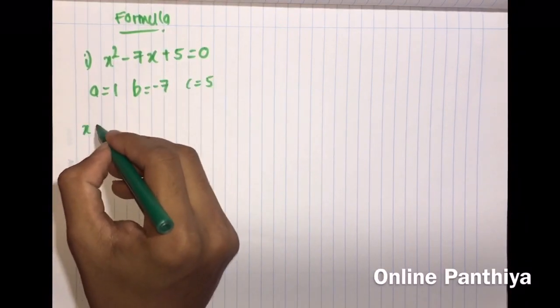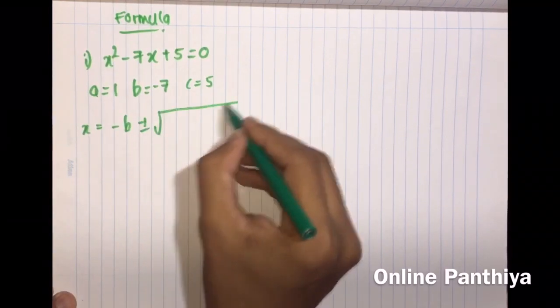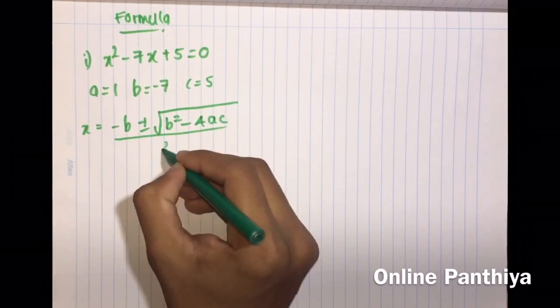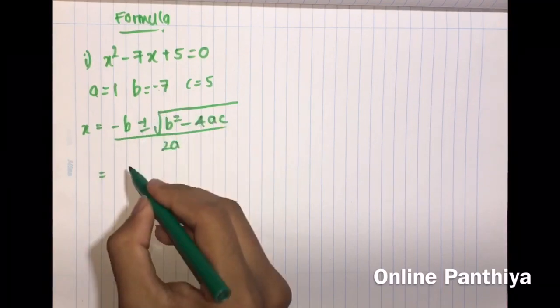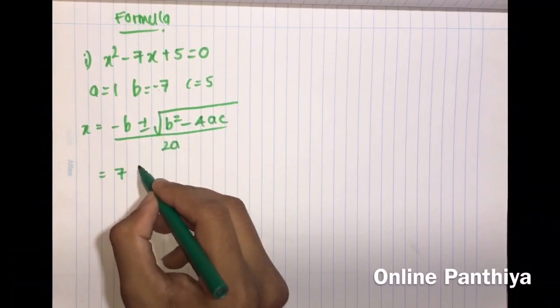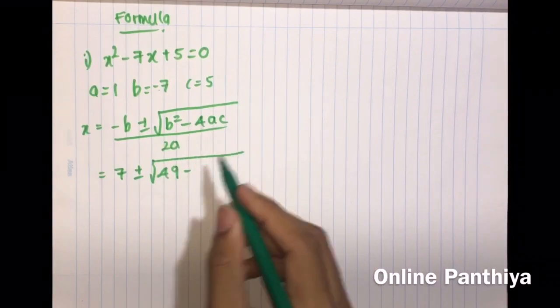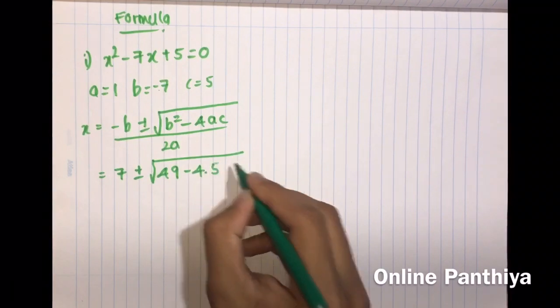Now think about the formula. What is it? x equals minus b plus or minus square root of b squared minus 4ac, over 2a. Okay, now substitute. Since b is minus, minus into minus will give you plus 7. b squared is 49. What is 4 into a into c? Minus 4 into a into c, 20.